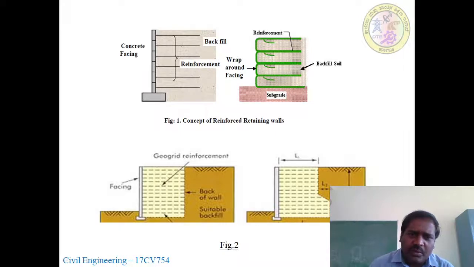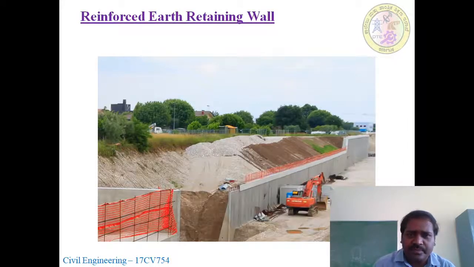In Figure 2, we talk about the suitable backfill with the geogrid reinforcement. While providing the reinforcement, we reduce the displacement and improve the bearing capacity, compressibility, and shear strength, because the soil is weak in tension.